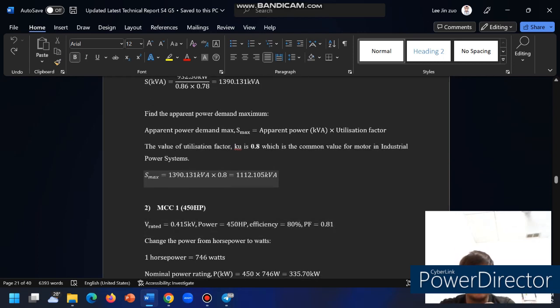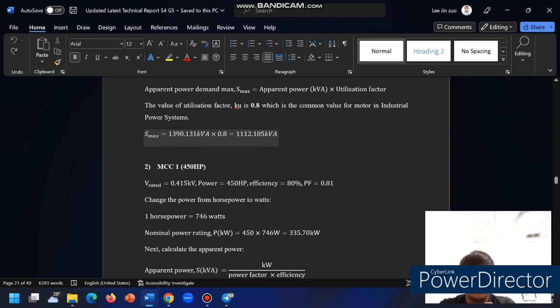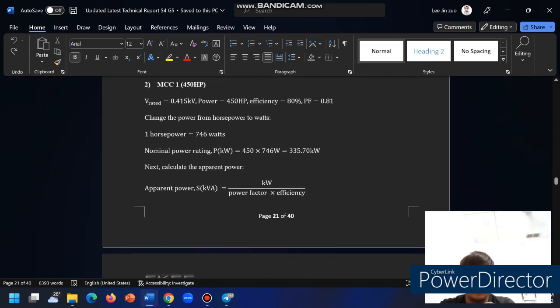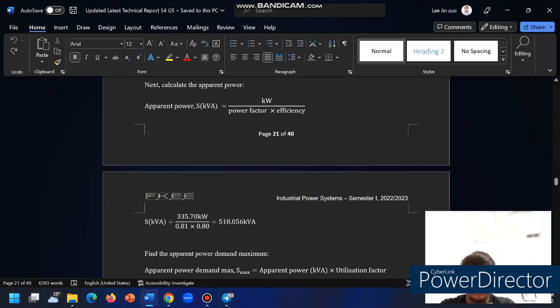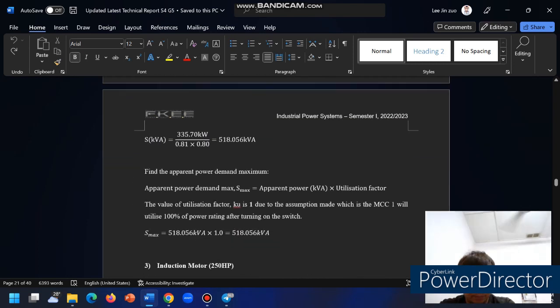After that we have MCC 1 with efficiency 80%, PF of 0.81, and we will get here the apparent power, and the maximum is 518.056.